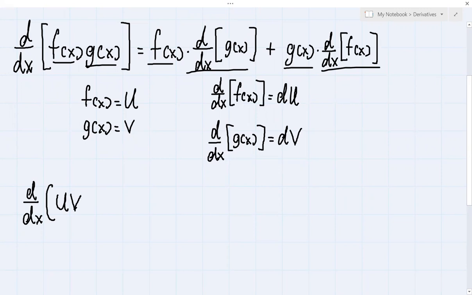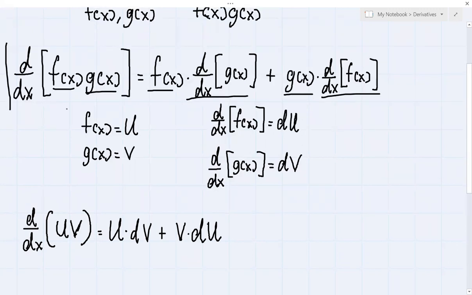So, magiging the derivative of uv. Then, i-substitute natin. F of x is u. Tapos, si derivative of g of x ay si dv. So, times dv. Plus, si g of x ay si v, times yung derivative ng f of x ay du. O, see? So, which one looks more convenient?